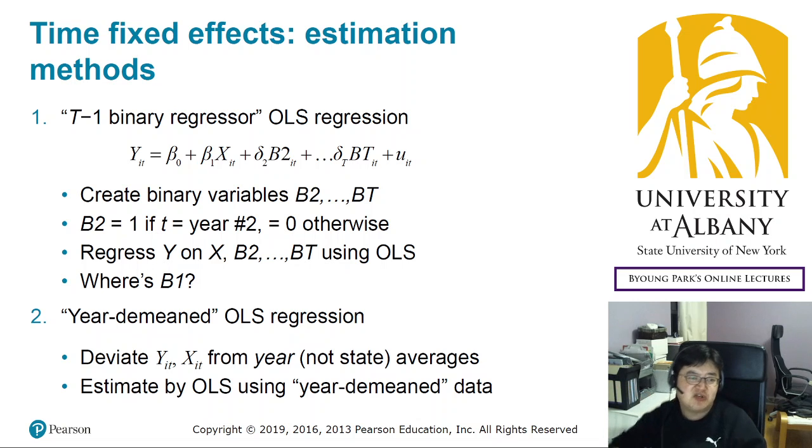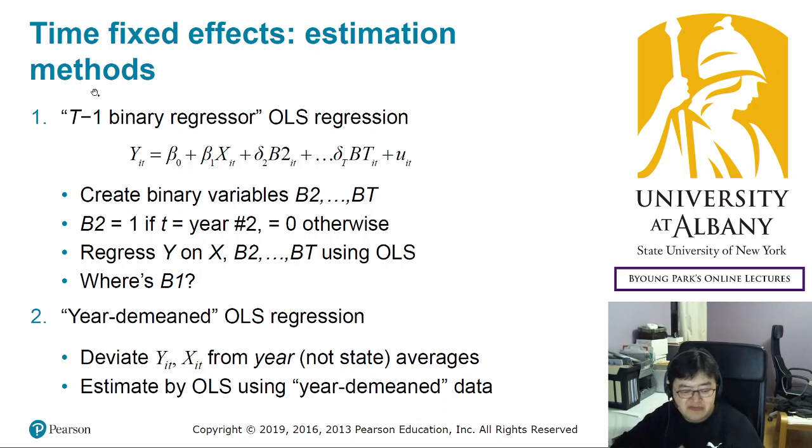So it's much easier to handle these dummy variables. By the way, as I said, we are dropping the first year because if you include all dummy variables, they will cause the perfect multicollinearity problem. So you have to drop one of them. Usually the first one or the last one is dropped.